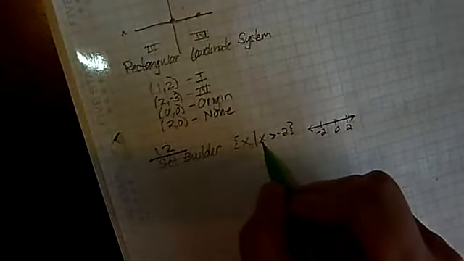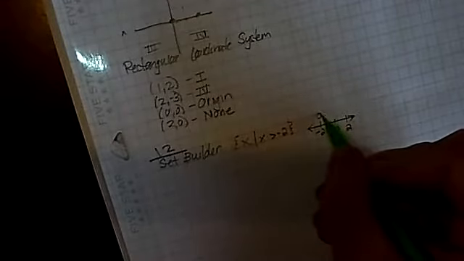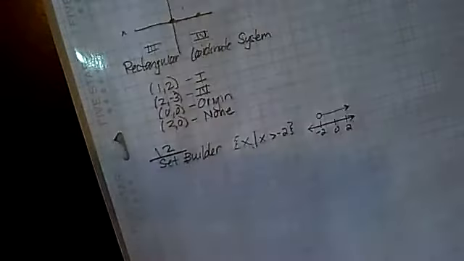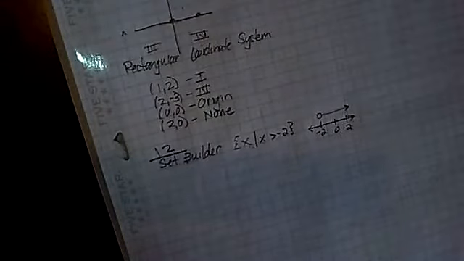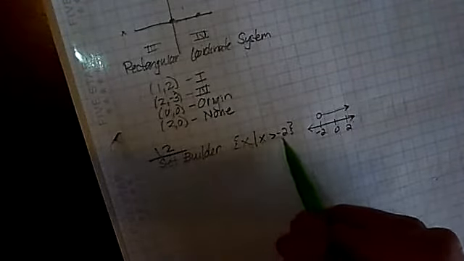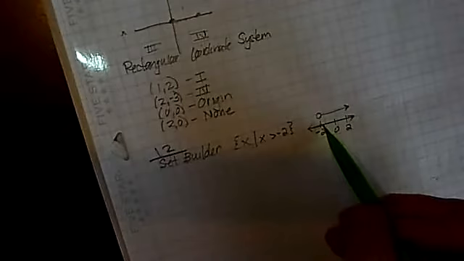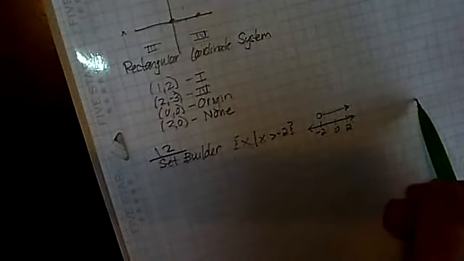So we'll always read from this, because if I say x is greater than negative 2, this is probably how most of you learned to do this, with an open circle, closed circle. If it doesn't have an equal sign, then it's an open circle, which means negative 2 is not true. If I put a negative 2 in there, negative 2 is not greater than negative 2. That's why it's an open circle. It's not a solution. But anything from here to the right is.